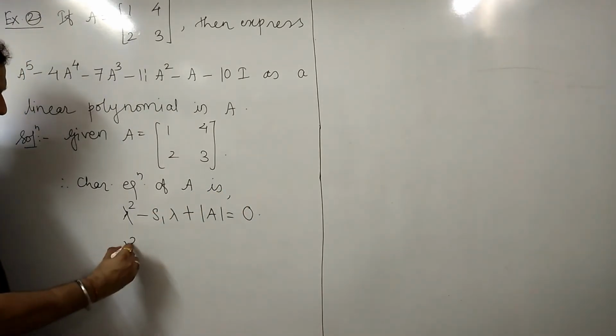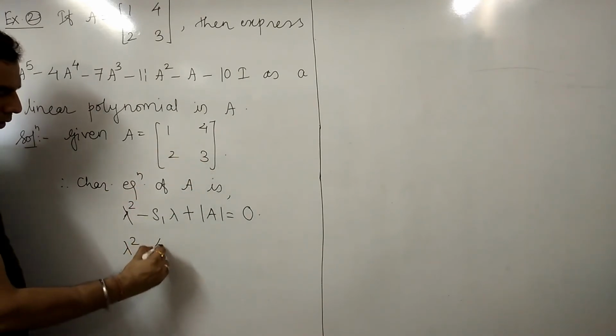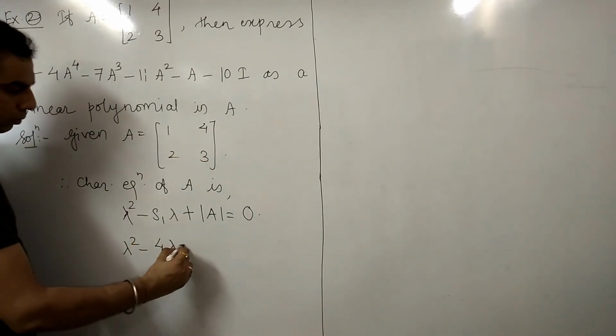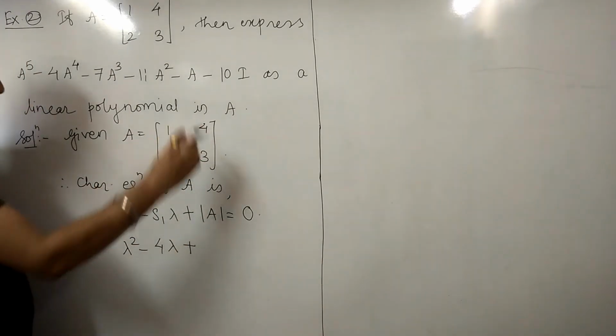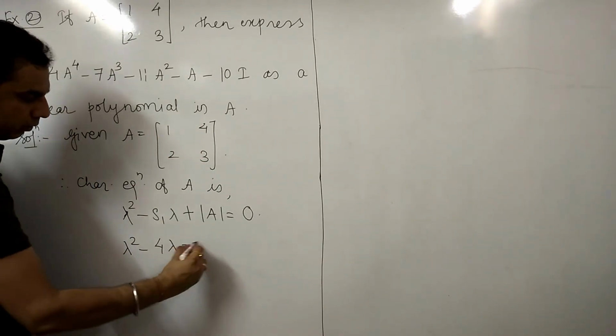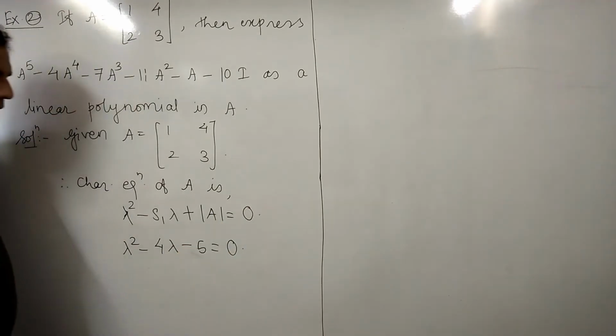So it is lambda square minus S1, which is the sum of diagonal elements, so it is 4 lambda, plus determinant of A, so it is 3 minus 8, which is minus 5. So it is minus 5 is equal to 0.